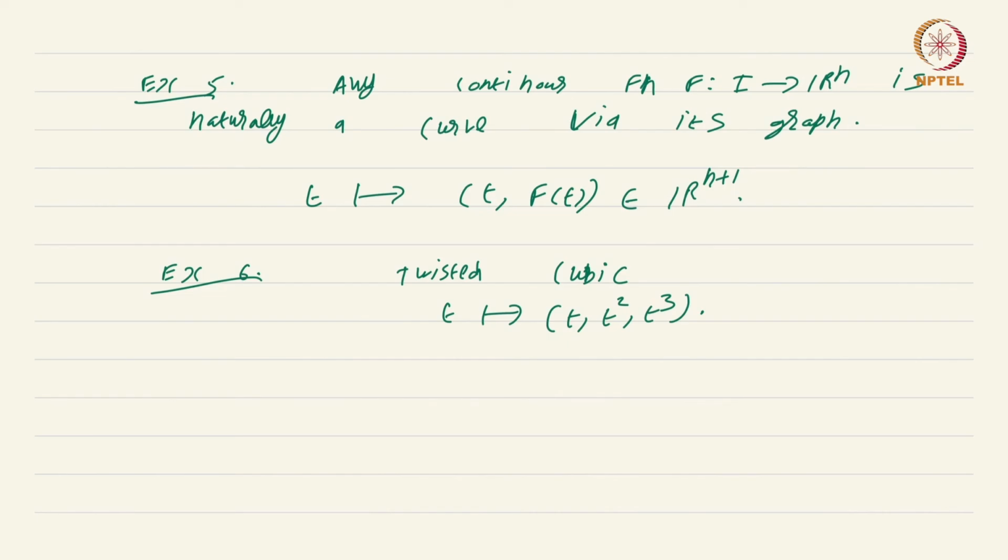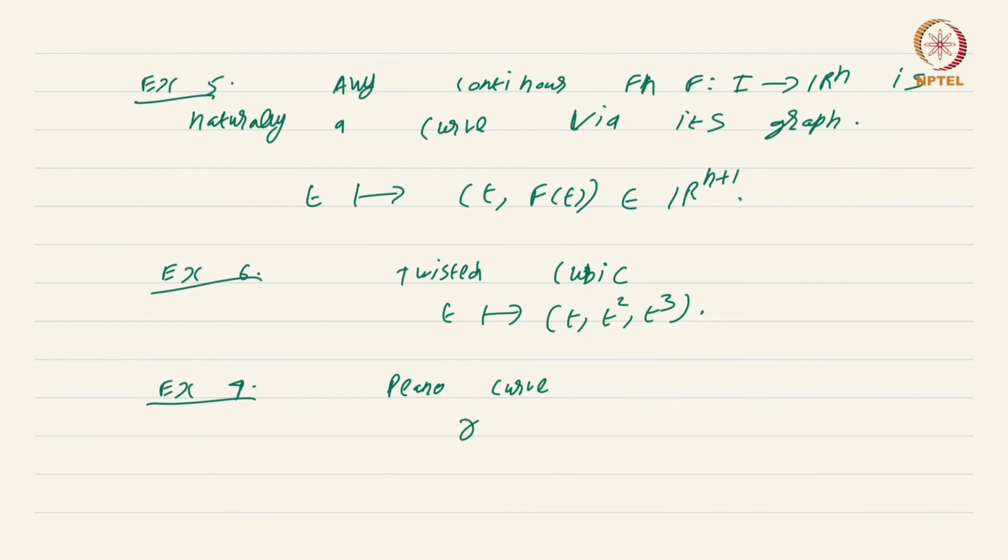The final example is an investigatory project for you. All these examples might tempt you into thinking that a parametrized curve is a nice one-dimensional object in space. That is not so. There is a famous curve called the Peano curve.